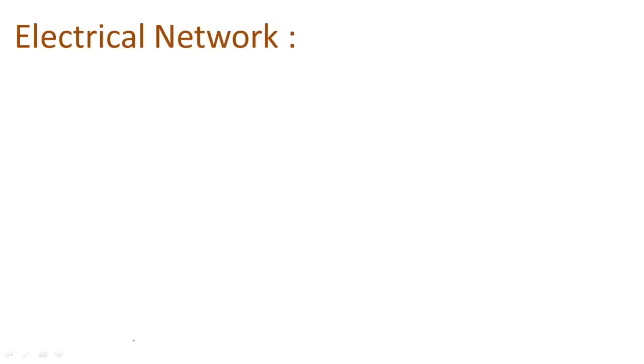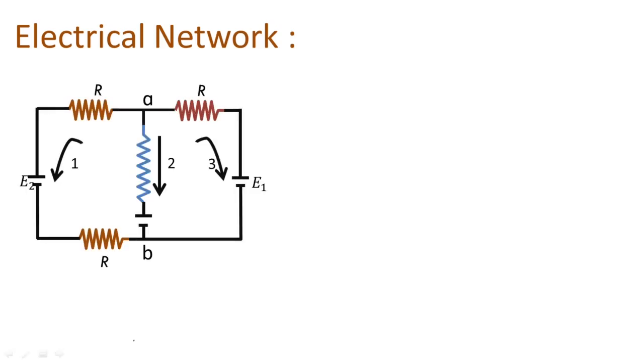Before describing these laws, we will define some terms used for electrical circuits. An electrical network is a combination of various electric components and sources connected in a complicated manner. In this circuit, we are observing four resistances connected along with three sources.